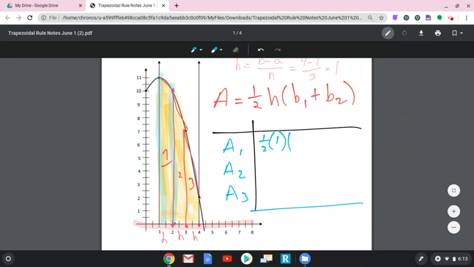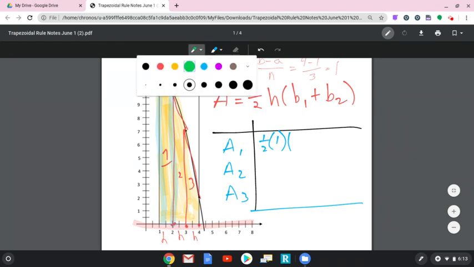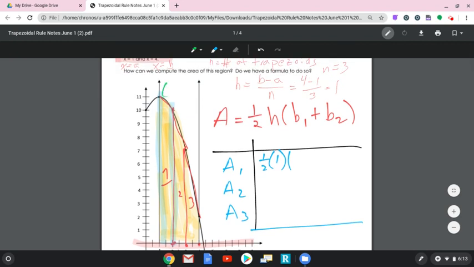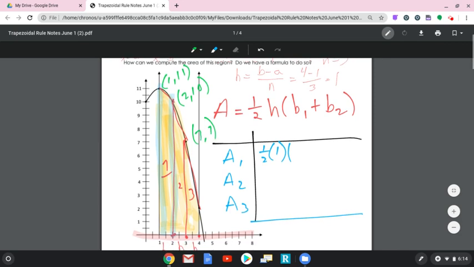So we need to know these points. If I take a look at my points, the first point up here will be (1, 11). The next point would be (2, 10). The next point would be (3, 7). And the last point would be (4, 2).